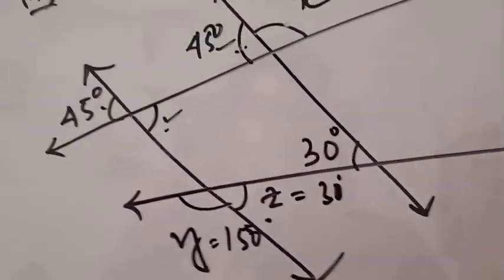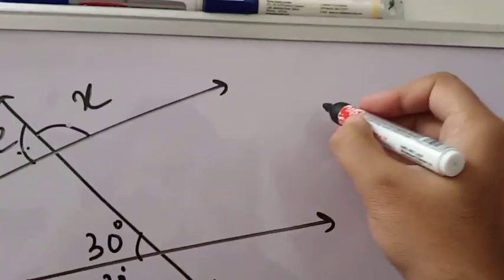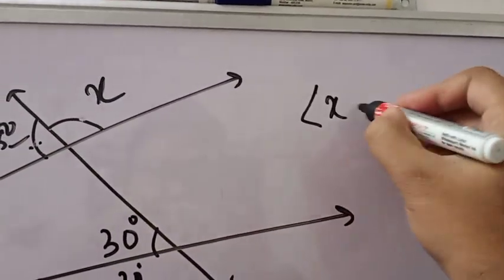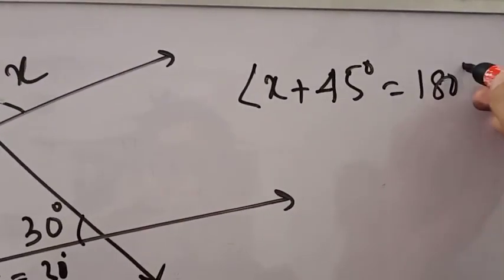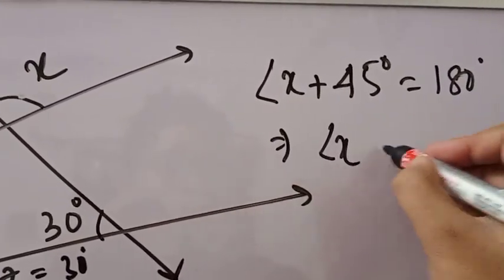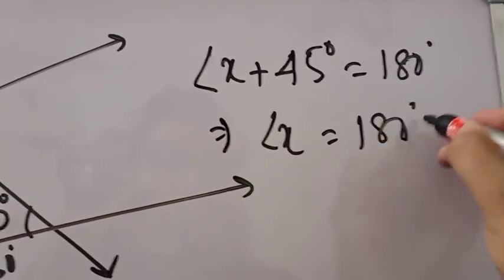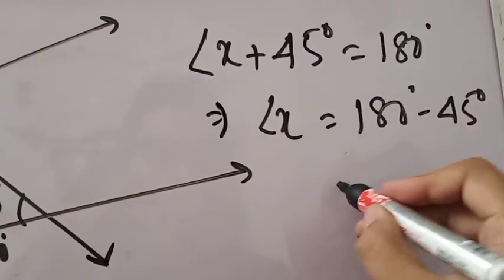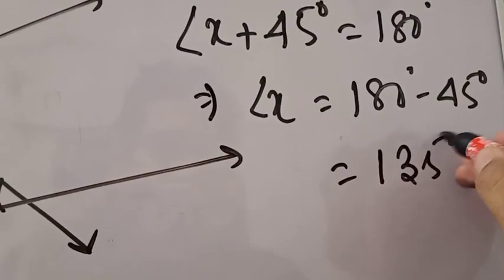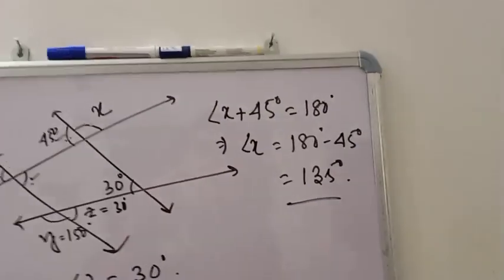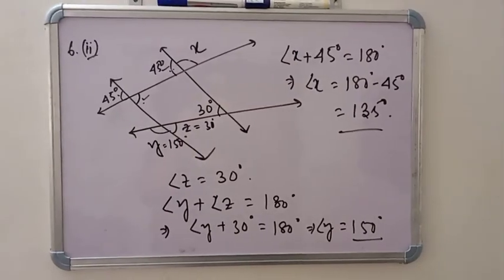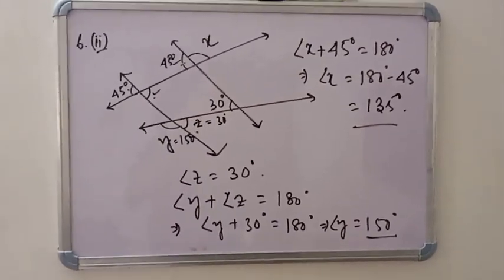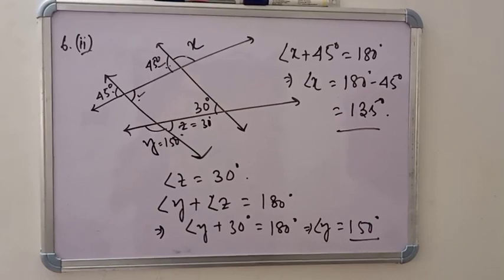So we can say x plus 45 equals 180. So x equals 180 minus 45, that is 135 degrees. So x equals 135 degrees, y equals 150 degrees, and z equals 30 degrees.